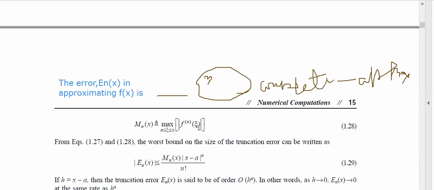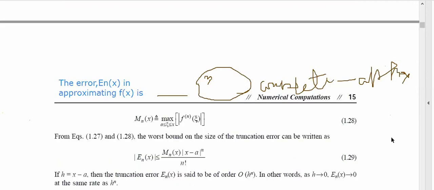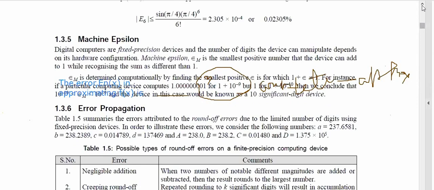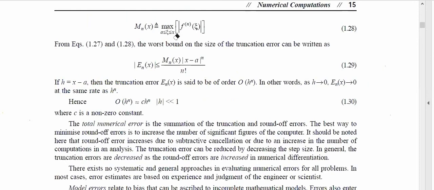Here we are going to define the bound, and if you remember the earlier one, this is the maximum value of f_n(x). This is very important, the maximum value. As an upper bound we are going to define, so here f_n is the maximum in between, f_n at the point theta.